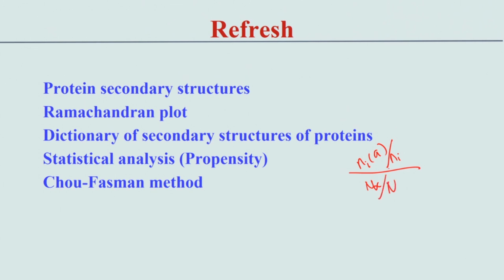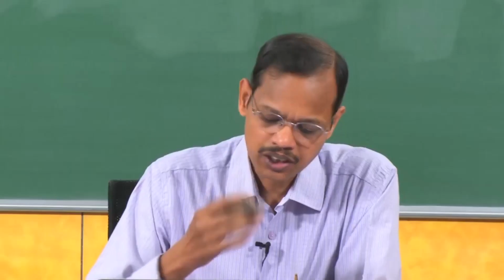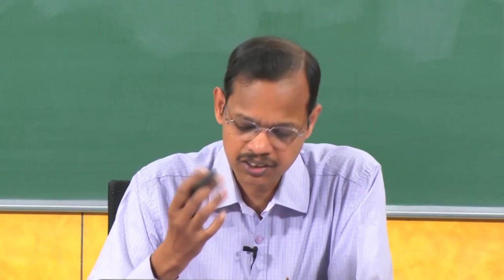This is for any residue I, and here it is for the whole protein. If residue I prefers alpha helix, it will have a higher value, depending on the total number of residues in alpha helix. Is it correct? Likewise you can get the value for any specific residue.